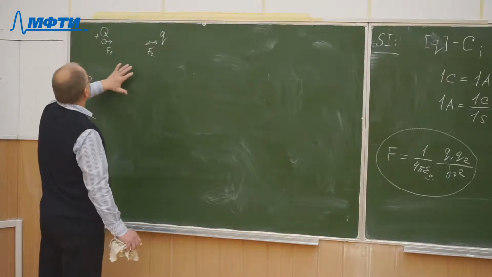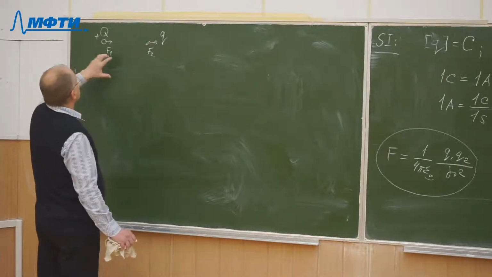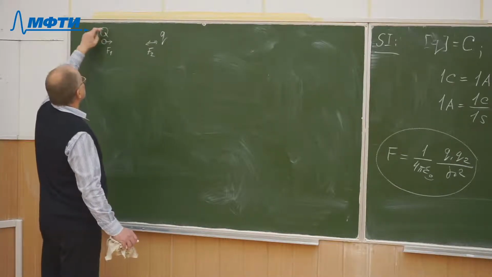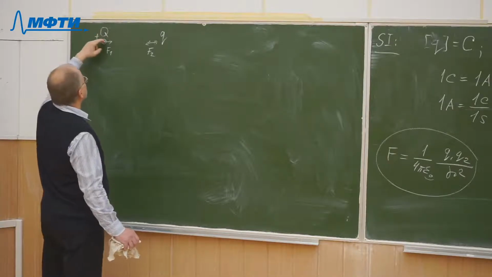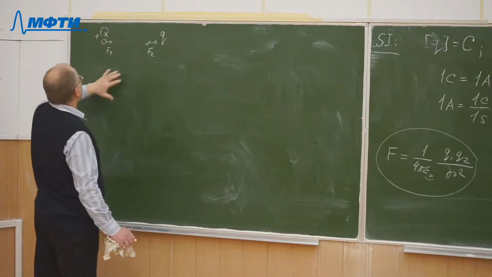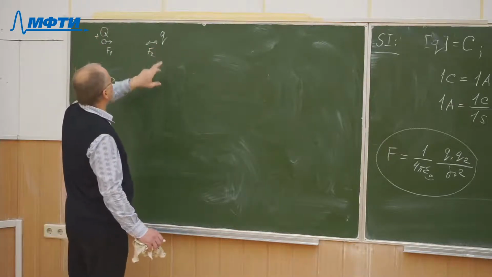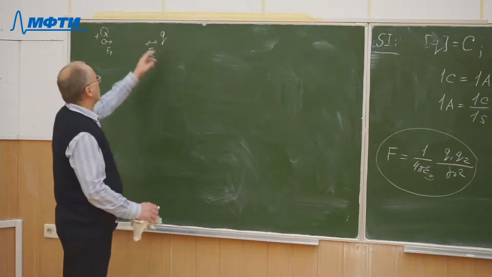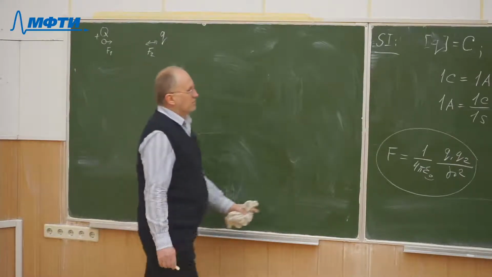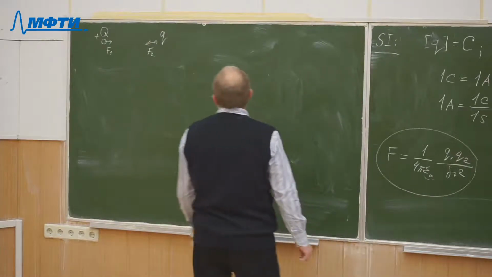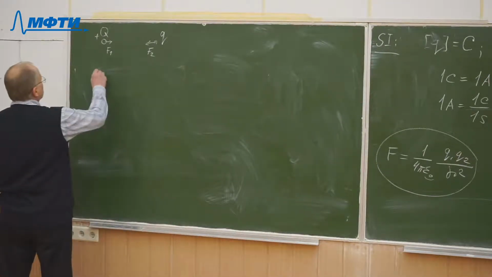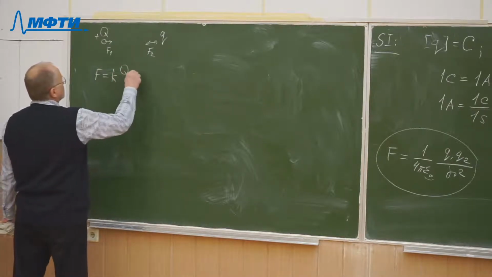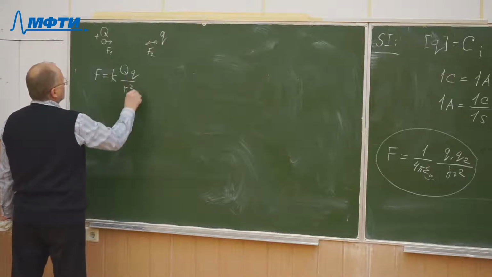How can we describe the field? The field created by the charge capital Q must depend on this Q and must certainly depend on the distance from this charge. But the field created by this charge should not depend on any other charge which we bring here to this point in space. So the force of interaction will be the coefficient K, capital Q, small q, over r squared.